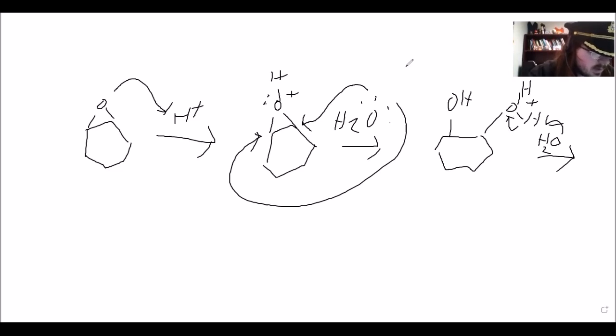The way you have to think about this is a backside attack. The epoxide substituents are both going to be syn in order for this to work, so they are either both up from the ring or both down from the ring. And when that water comes in, it attacks from the back, wherever that epoxide is. So you have one alcohol going up and one alcohol going down.